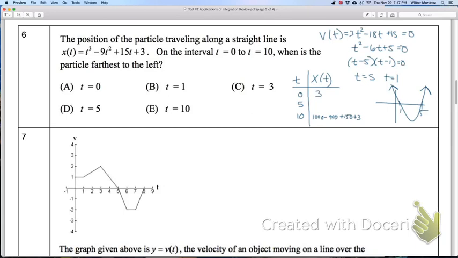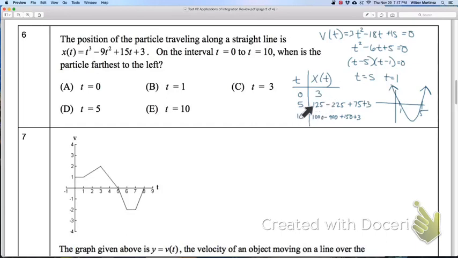And last but not least, we need to test 5. So if I plug in 5 here, I get 5 cubed, which is 5 times 5 times 5. That's 125. I get 9 times 5 squared. So 5 squared is 25. And 9 times 25 is 225, so that's minus 225. 15 times 5 is going to give us 75, plus 3.